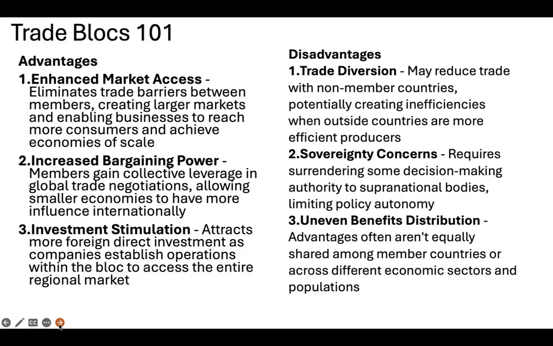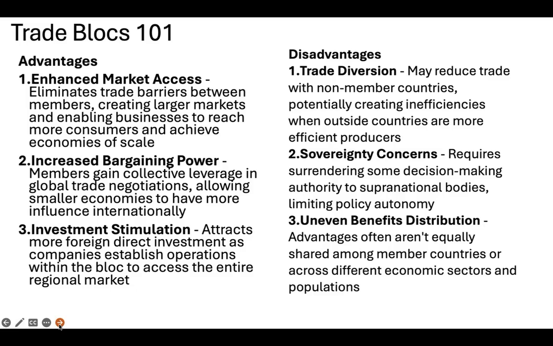And finally, the benefits of trade blocs are often distributed unevenly. Within the member countries and within the populations, stronger economies or specific sectors often benefit more, which can potentially exacerbate regional inequalities and can even cause economic disruption in some less competitive industries. And we see this around the world.